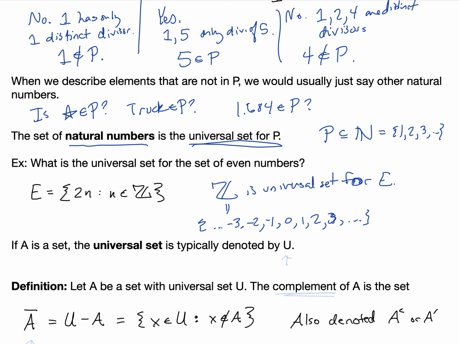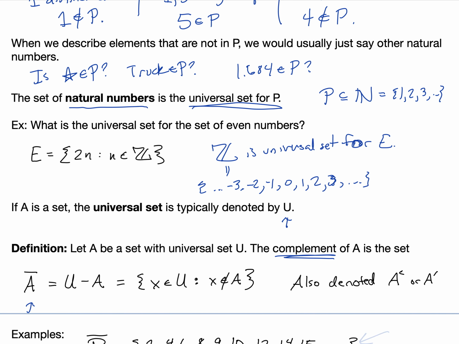So if A is a set, then the universal set is typically denoted by a capital U. If A is a set with universal set U, then the complement of A is the set A complement. We will denote it with a line over top.